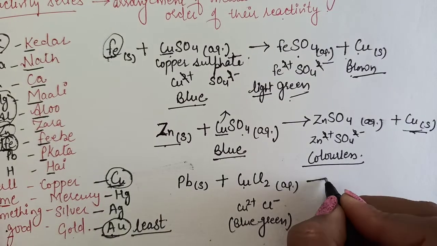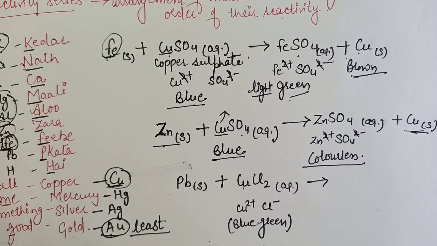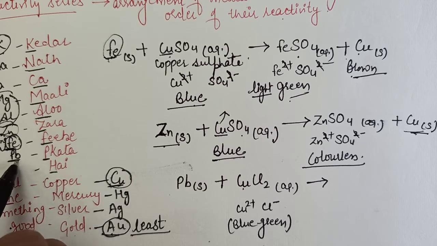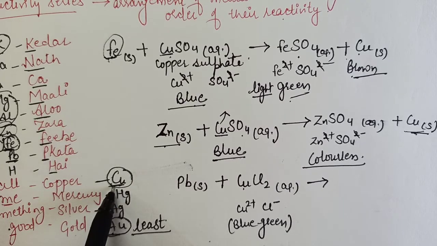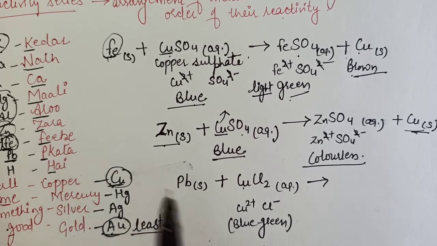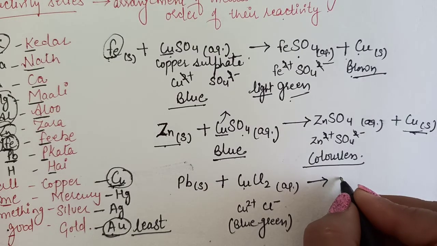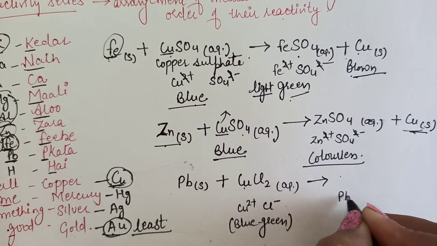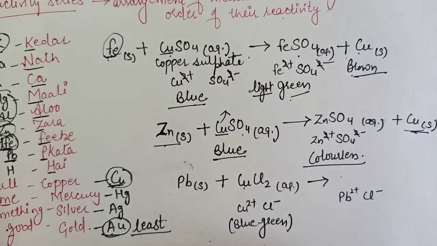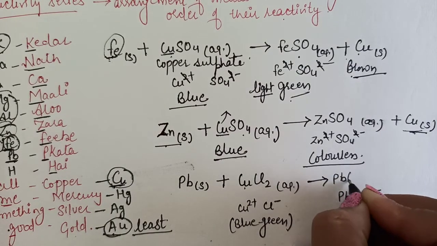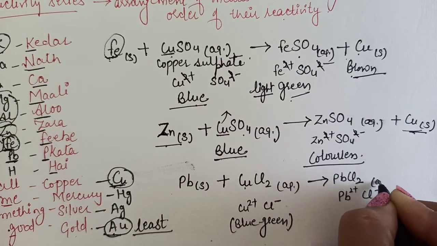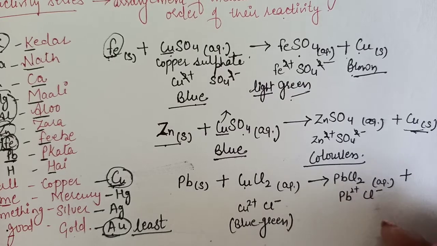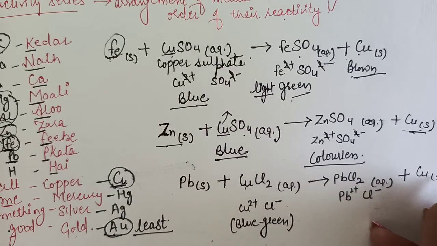Now see the reactivity of lead and copper. Lead is again more reactive than copper, so it will displace it and form lead chloride. Lead chloride, Pb2+, Cl-, PbCl2. This is aqueous solution plus copper.